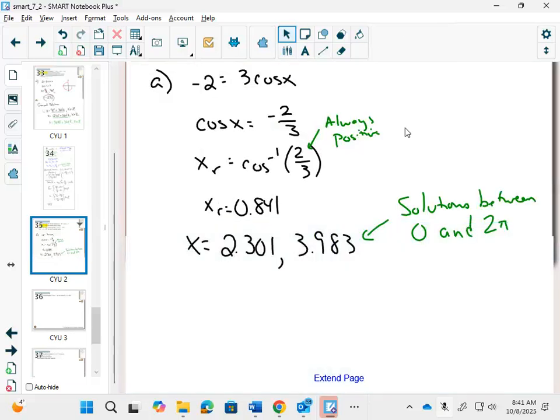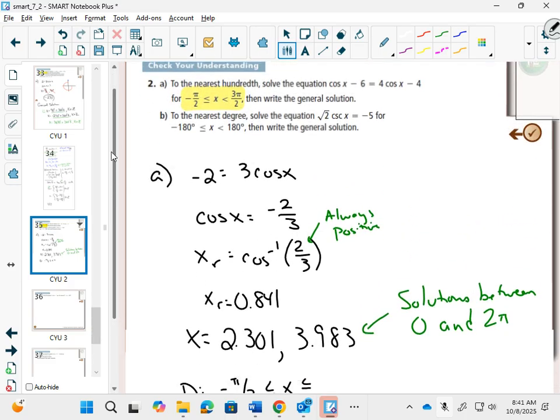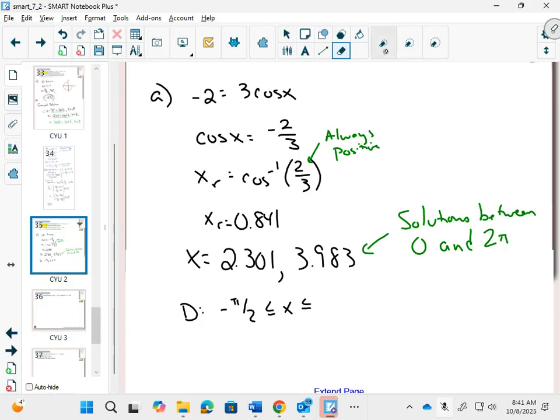I like to think of it like this. So here's my domain. Negative pi over 2 less than or equal to x less than 3 pi over 2. What I like to do, because we think of angles in standard position, and angles in standard position start at 0.